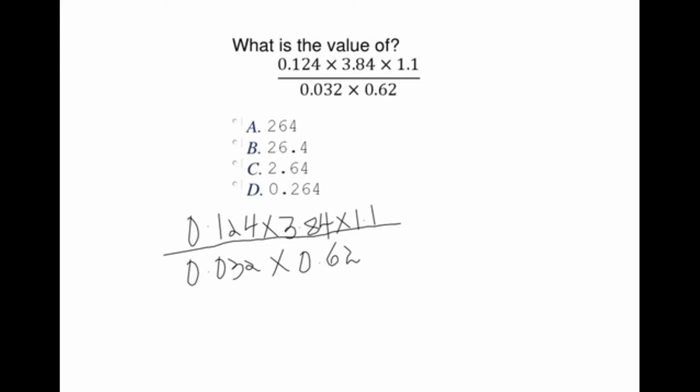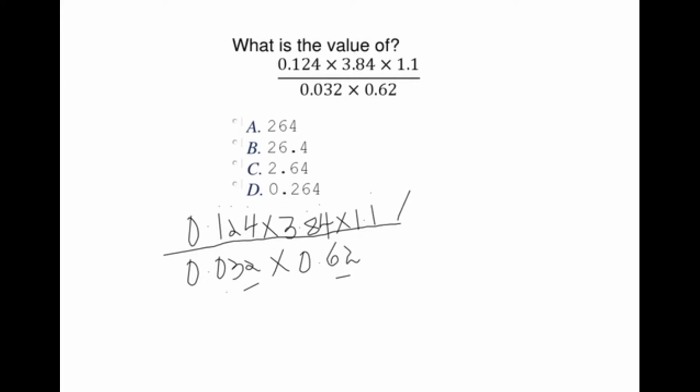So we have 1, 2, 3, 4, 5, 6. We have 6 in the numerator. Then for the denominator, we have 1, 2, 3, 4, 5. So we have 5 for the denominator.